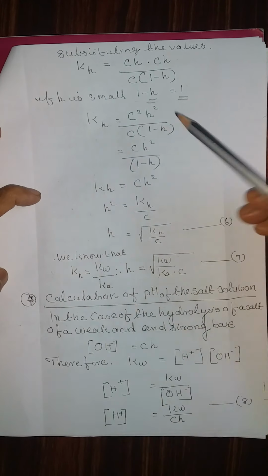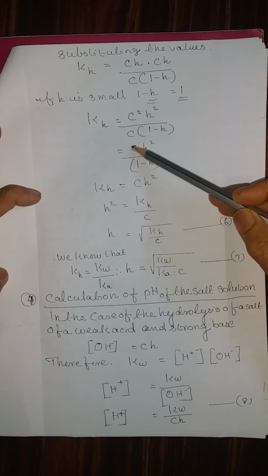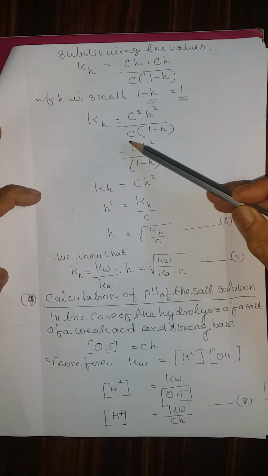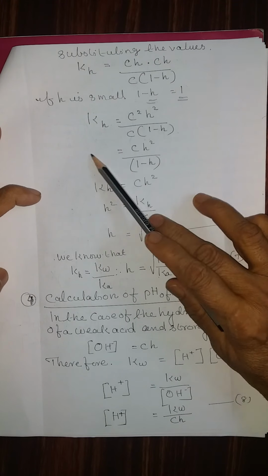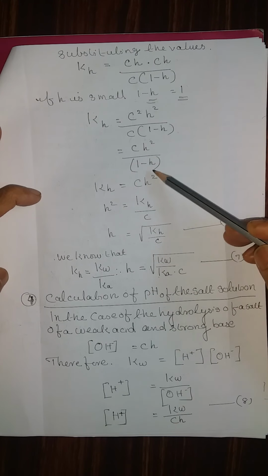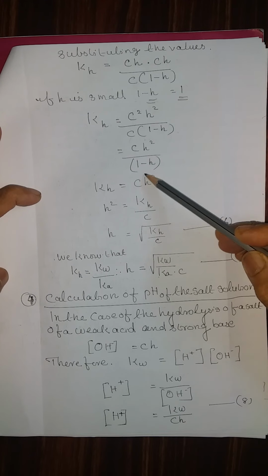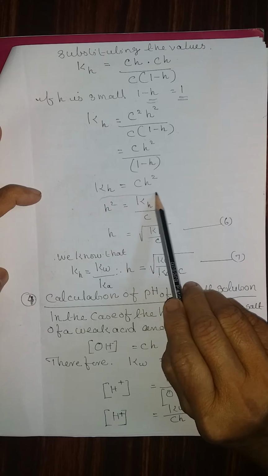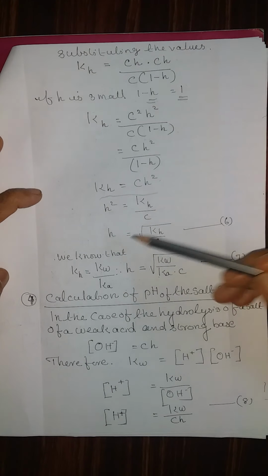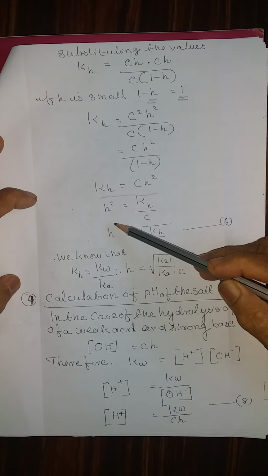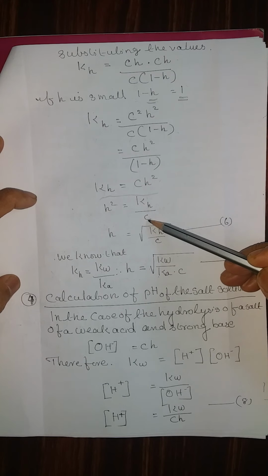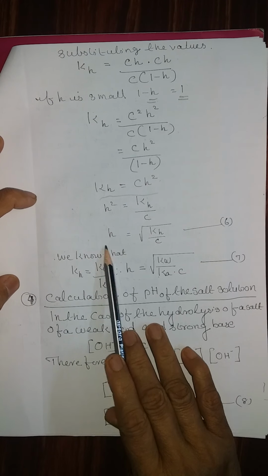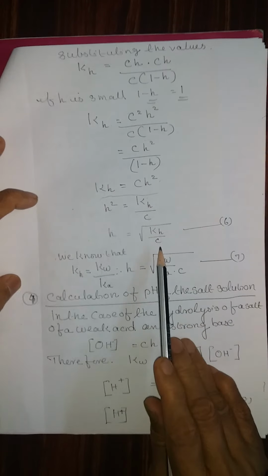Therefore, KH is equal to C square h square by C. Cancelling the C, KH is equal to Ch square. Therefore, h square is equal to KH by C and h is equal to root of KH by C.